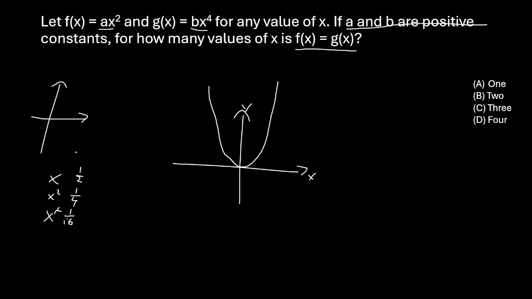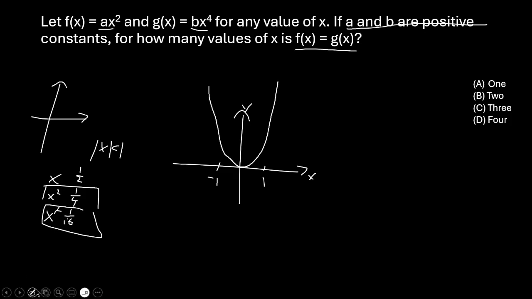That holds for any value greater than 0 and less than 1. So if the absolute value of x is between negative 1 and 1, the y value for x to the fourth power would be less than x to the second power.